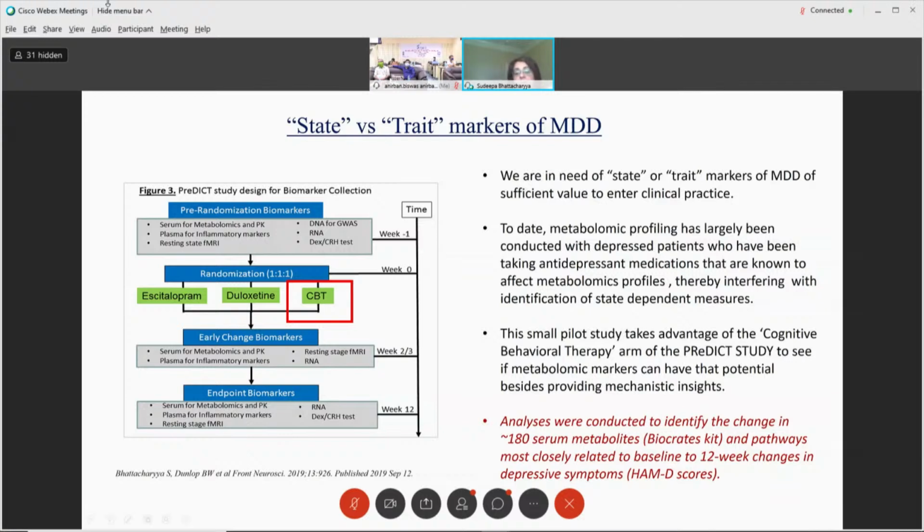So this study is a small study that was published recently. We concentrated on the drug-free arm. Now, the drug treatment actually confounds the metabolite levels considerably. So we saw that the drug-free arm, the remitters and the treatment failures of this drug-free behavioral therapy, can shed some light on these state and trait markers of the disease.